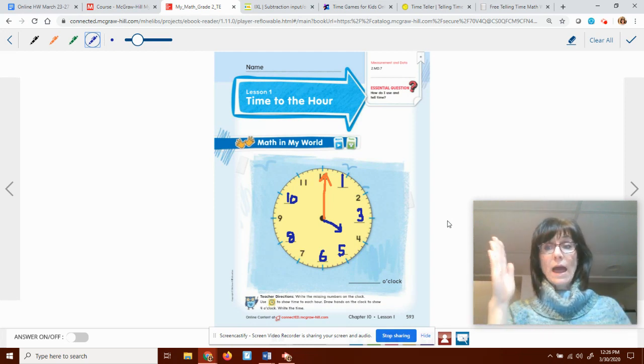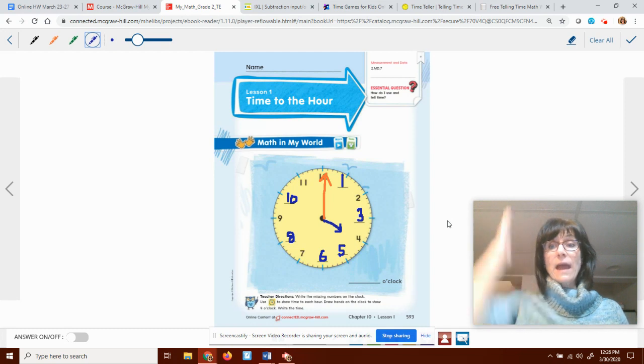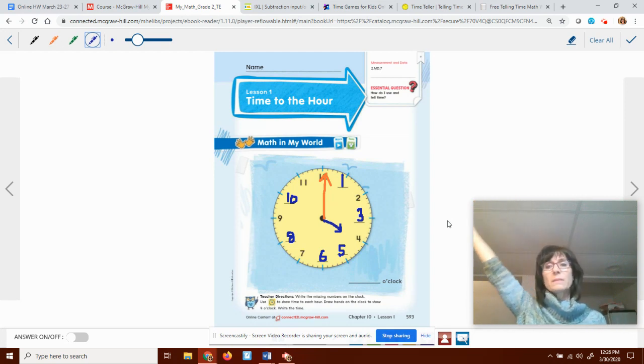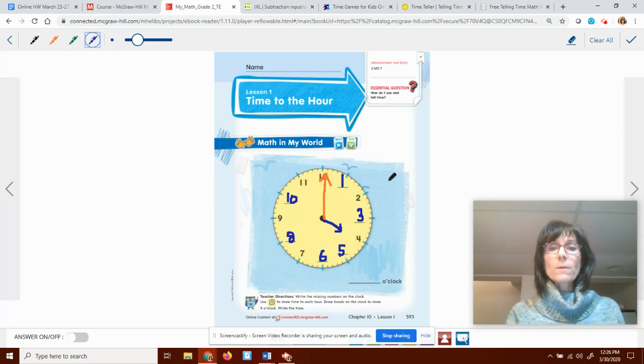So we have hour, minute, hour, minute. You have a short hand, which is the hour hand. It tells the hour of the day. And you have the minute hand that tells me how many minutes are past the hour or until the next hour. Now, my minute hand here, let's make sure it's orange, is pointed straight to the 12 right now.